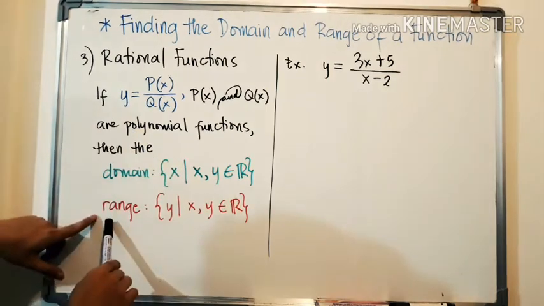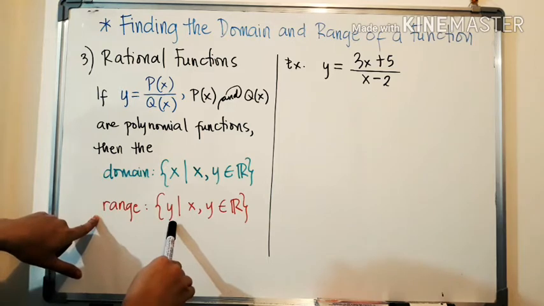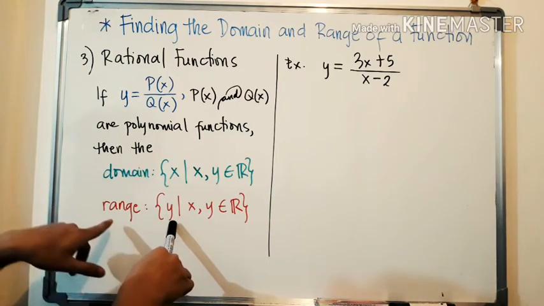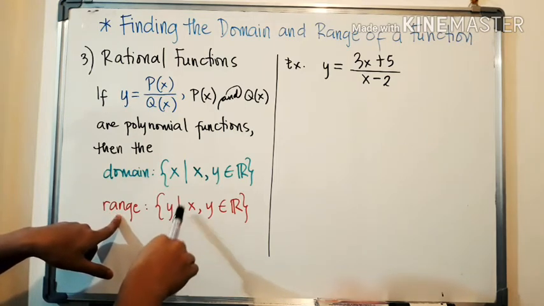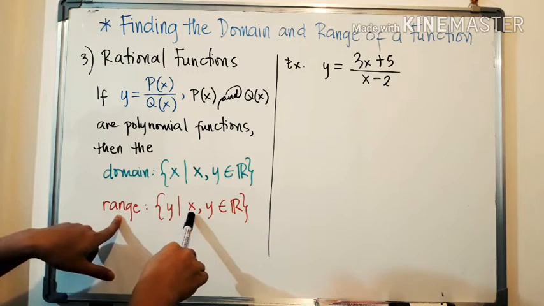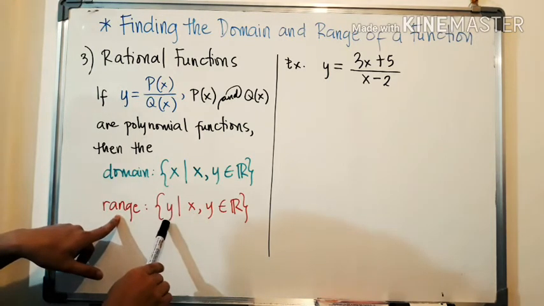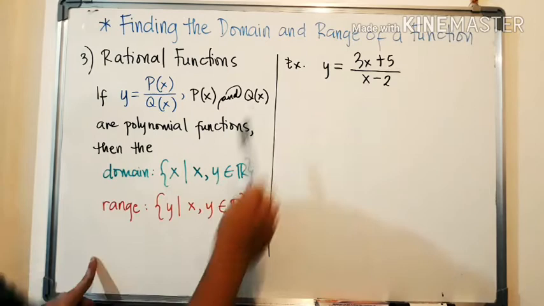Or kapag sa range naman tayo, merong mga possible values of y na restricted, meaning we cannot include them in the range because the values of x are not real and are not defined for this set of y's na restricted. So para mas clear, let's have this example.